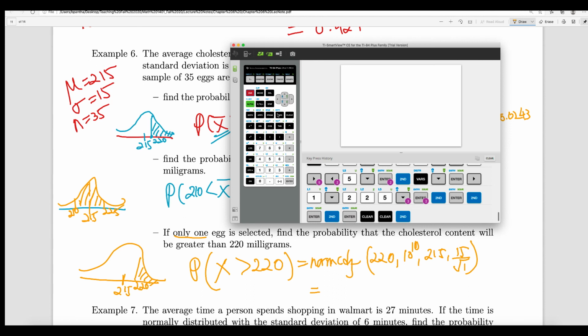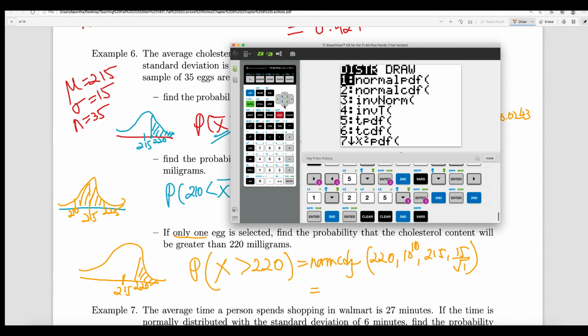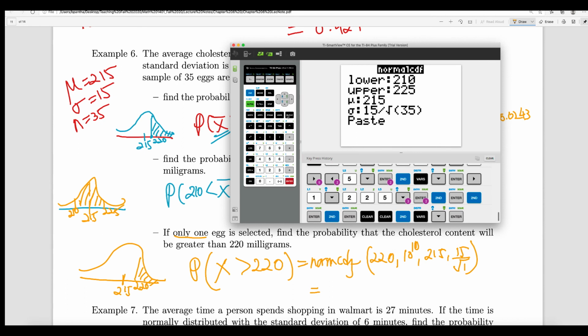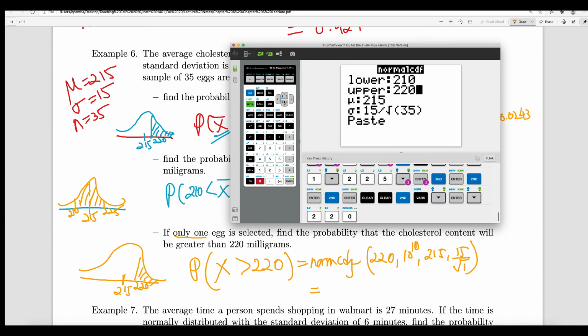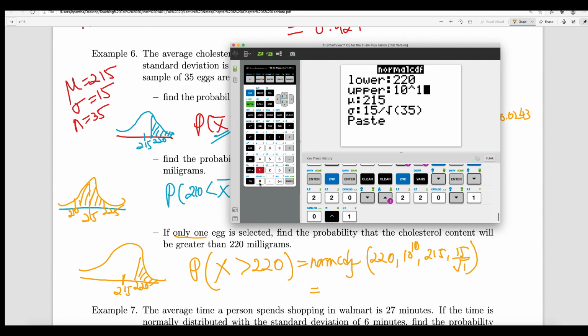Okay, let us do the last one: second vars and then normal CDF. And then it says 220. Let me do 220. By the way, the left bound is 220, right? The right bound is infinity, this 10 to the 10. And then the mean is 215.